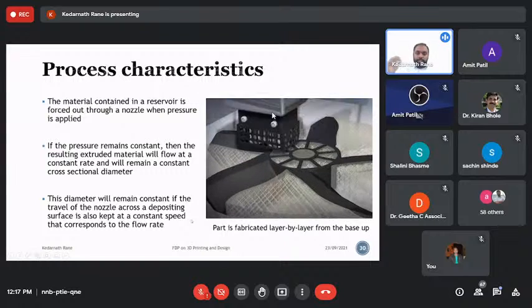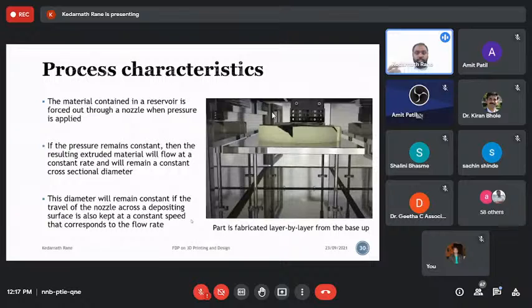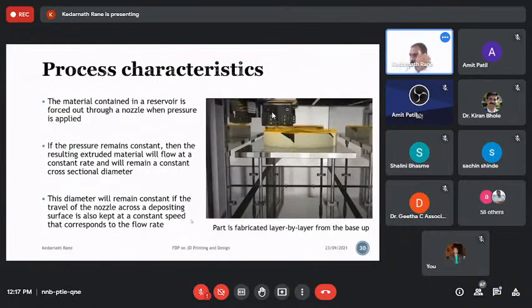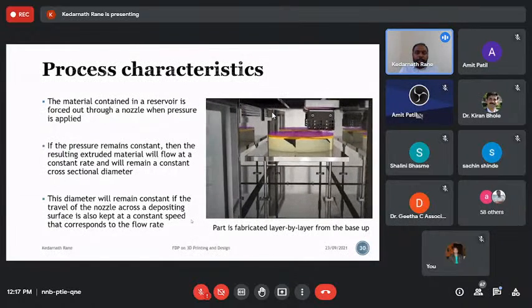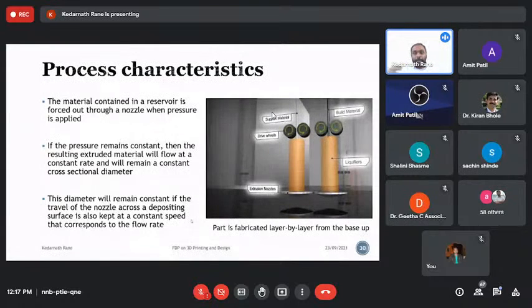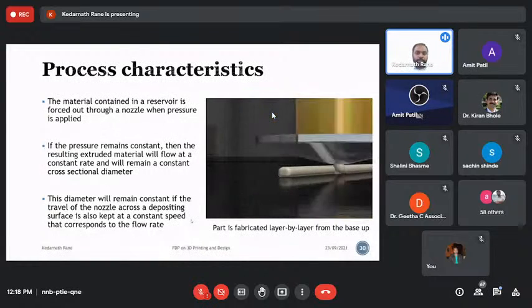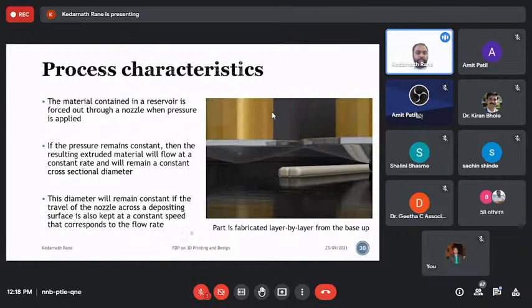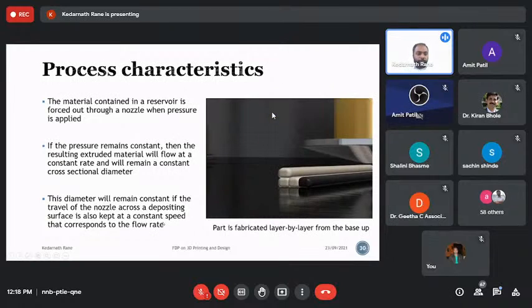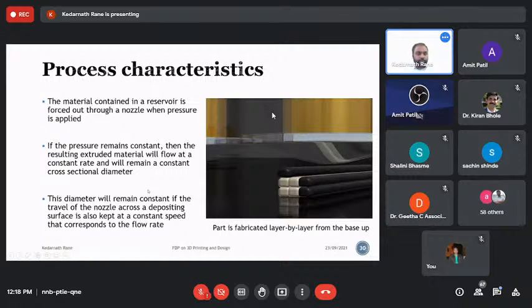As I said, it is up to the requirement, but the nozzle is important because the part which we want to manufacture, application wise, depends on the resolution of the part and the accuracy of the printing. That's why the flow rate and other speeds are also influenced by the diameter of the nozzle.